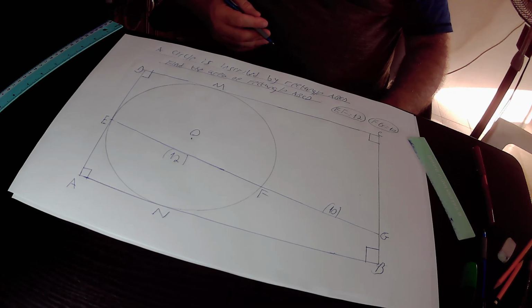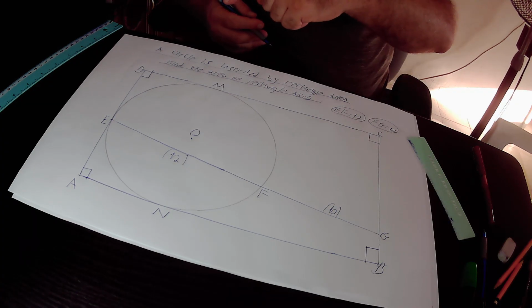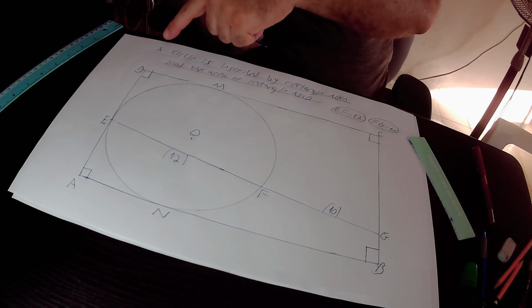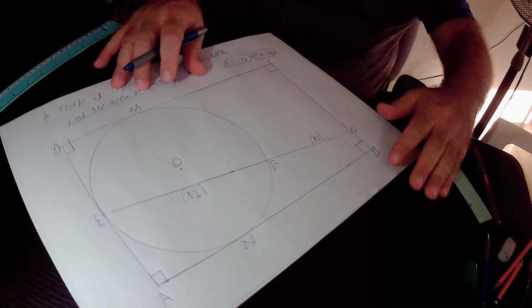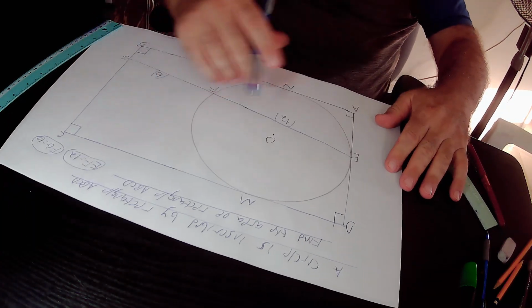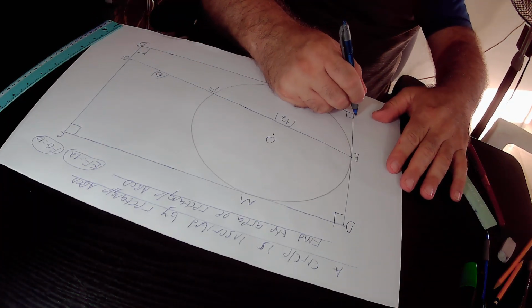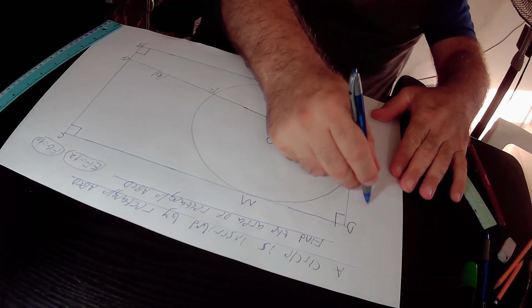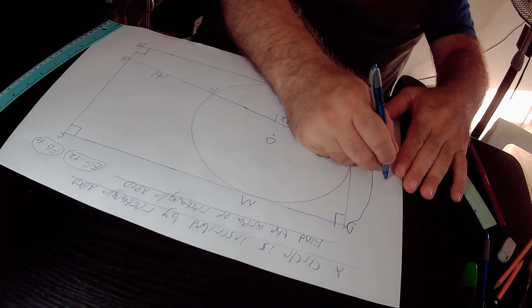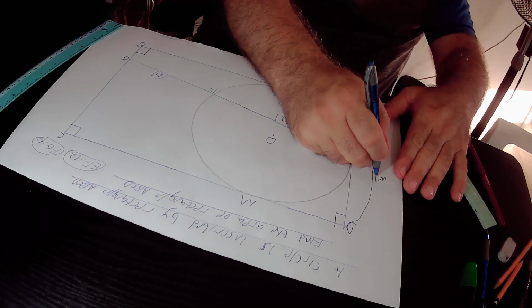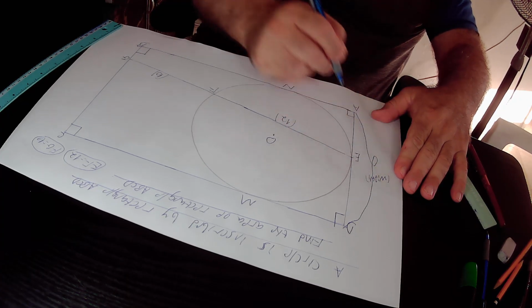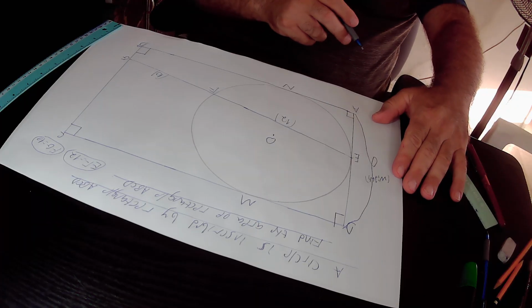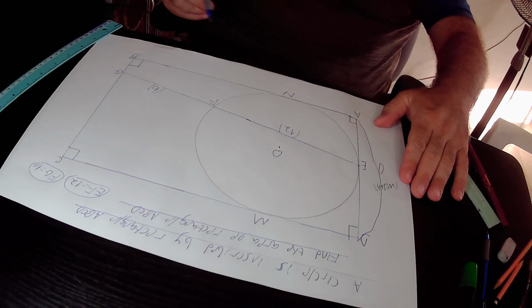So we define the width of this rectangle ABCD as DA, and we will define the length of this rectangle ABCD as AB.